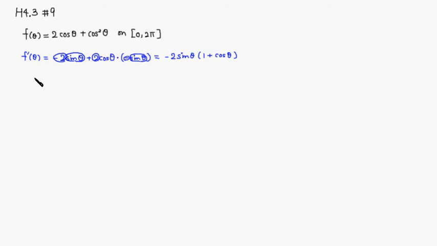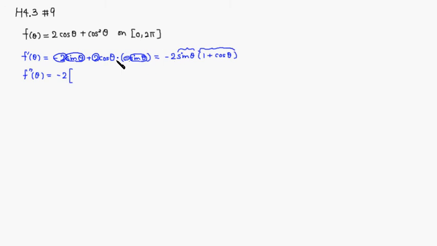So let's take another derivative. So f double prime of theta is going to be equal to, all right, so I'm going to just put the negative 2 outside, then take the derivative of these two guys using product rule.